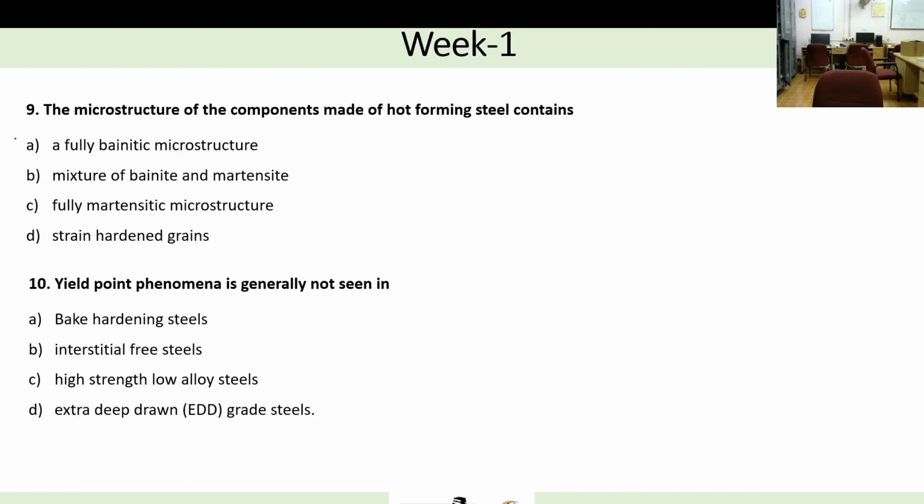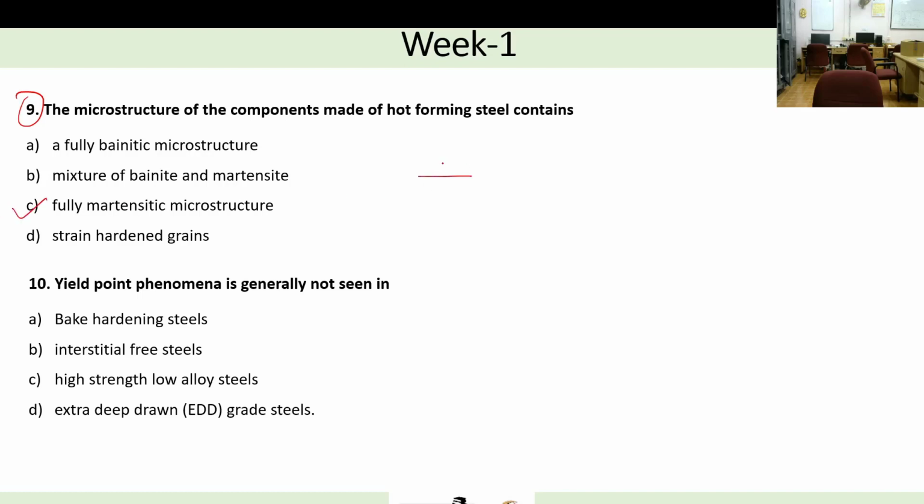This question 9 you can solve. The microstructure of the components made of hot forming steel, the same steel which I told you about, contains... I already told you the answer, you just have to type. It's very clear.